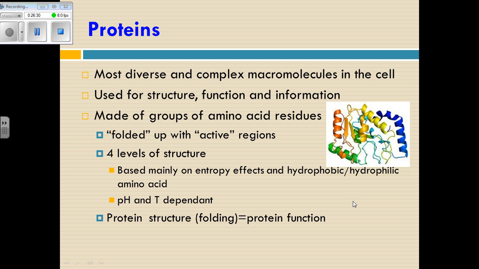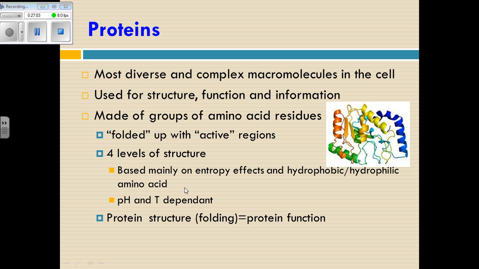Okay, proteins have 4 levels of structure, and those 4 levels of structure are determined based on entropy effects, and the hydrophobic and hydrophilic amino acids are going to control that. So if you have a lot of hydrophobic bases, it's going to fold together and not give a lot of surface area to the water. If you have a lot of hydrophilic bases, a lot of charged amino acids, then you're going to have a much more open protein that's a little flatter, and it's going to give more surface area to the water in your body.